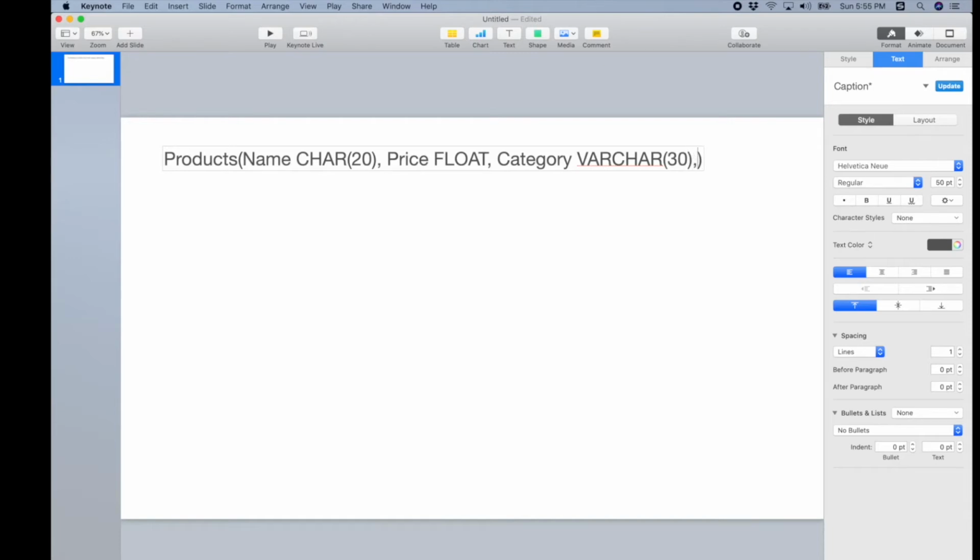And the manufacturer will be another attribute. It will also be a VARCHAR, 30, for example. So this is a relation we can define for the products we showed before.